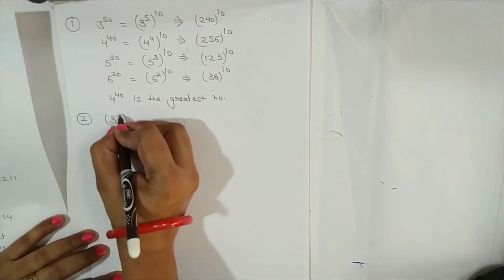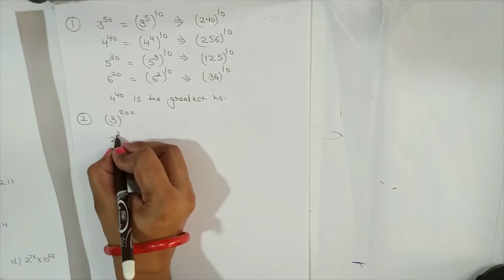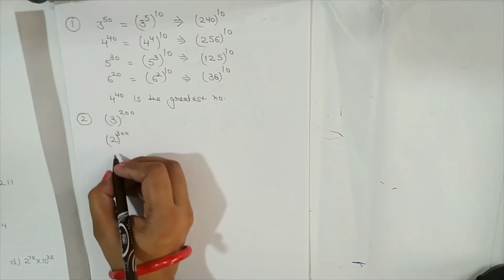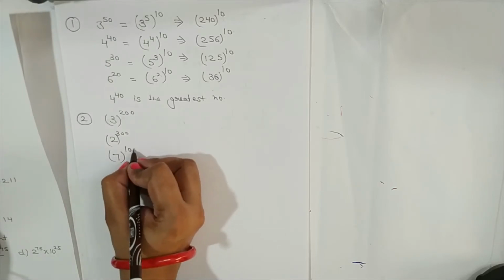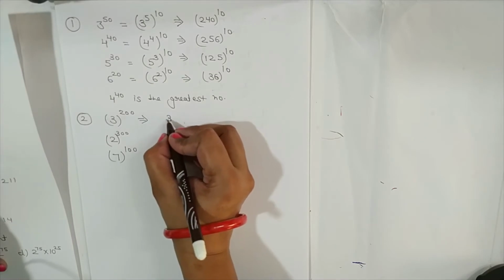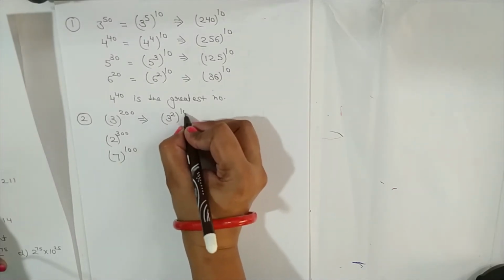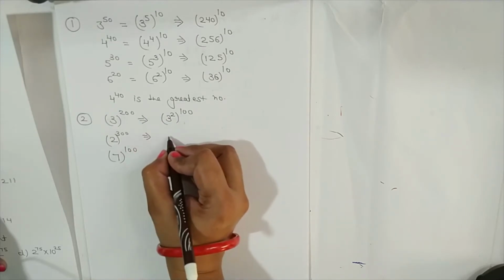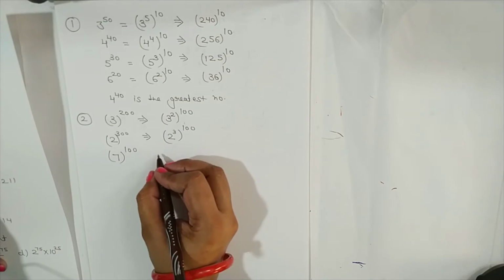Now similarly you can solve the second question: 3 to the power 200, then 2 to the power 300, then 7 to the power 100. It can be written as 3 raised to the power 2, the whole power 100, then 2 to the power 3, the whole power 100.